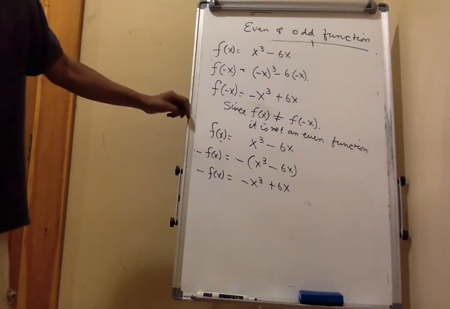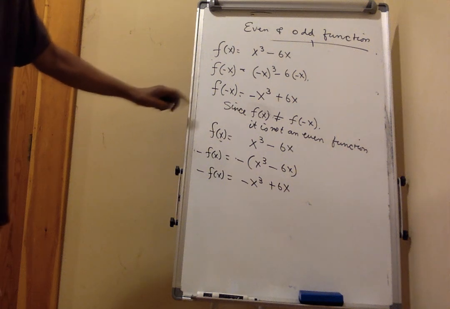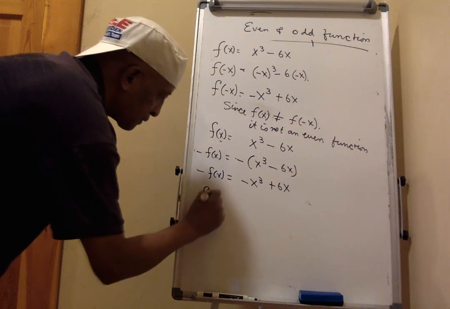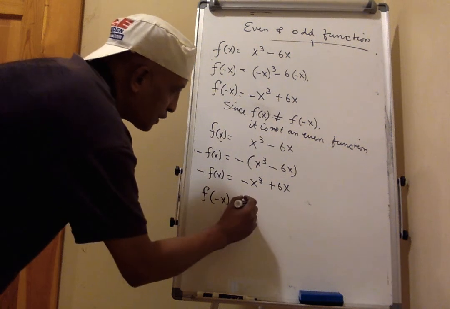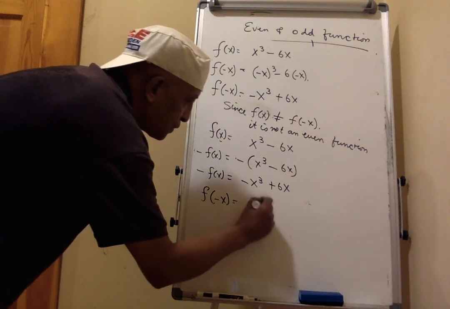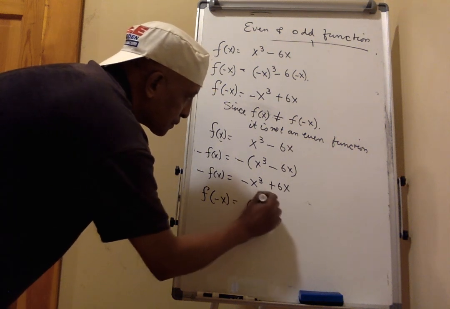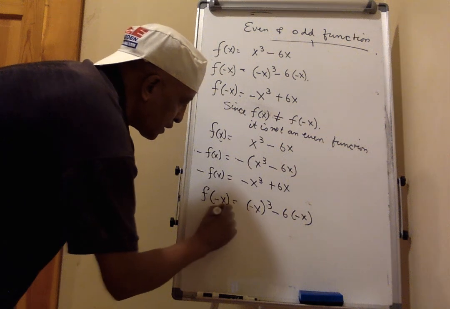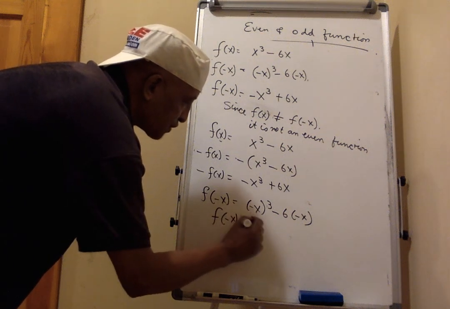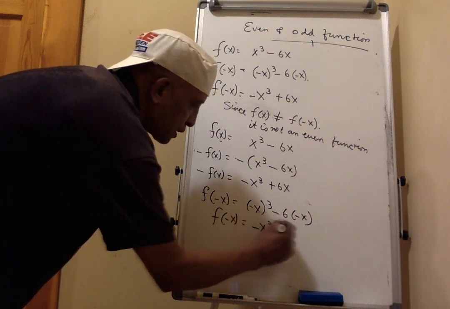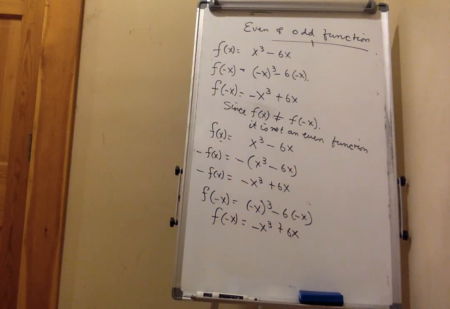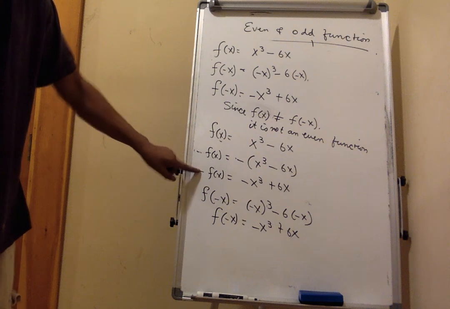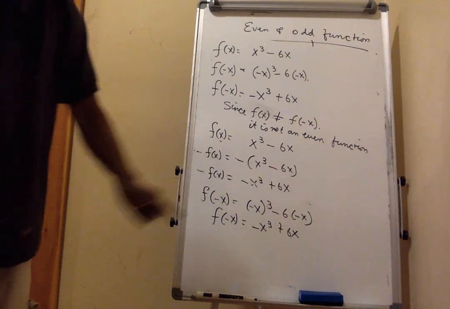But then, f of negative x is negative x cubed minus 6 times negative x, so f of negative x is equal to negative x cubed plus 6x. Now look at what negative f of x gave me: negative x cubed plus 6x.